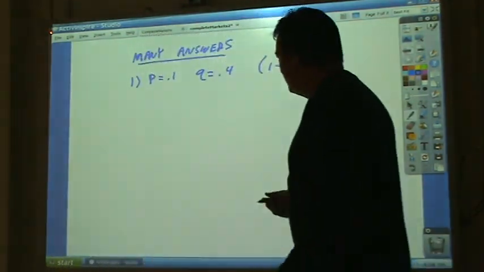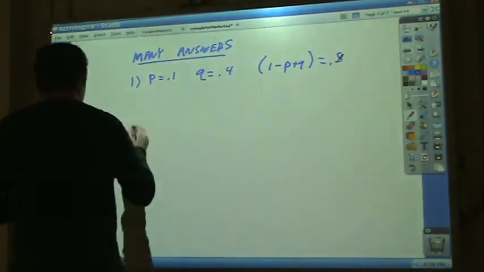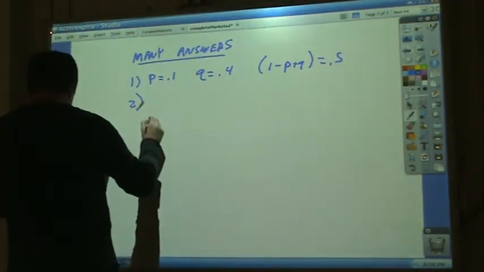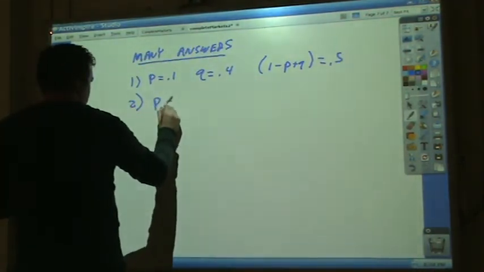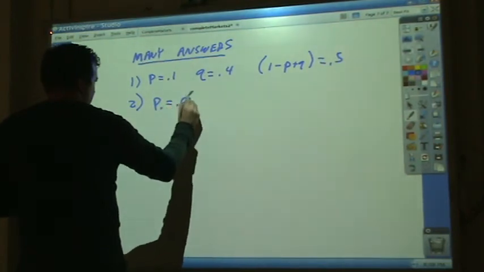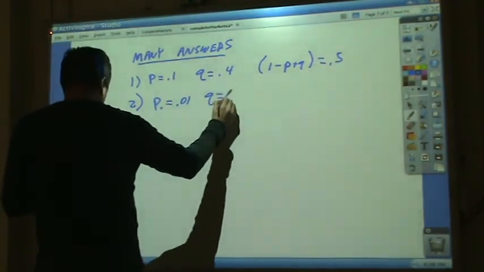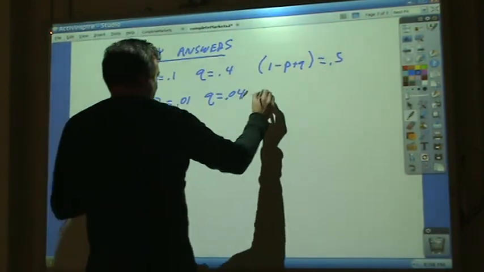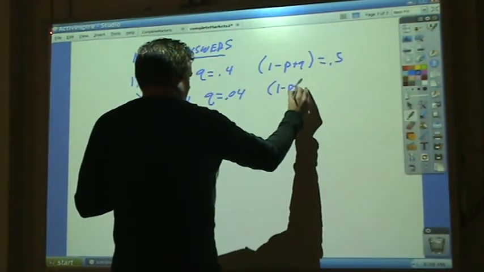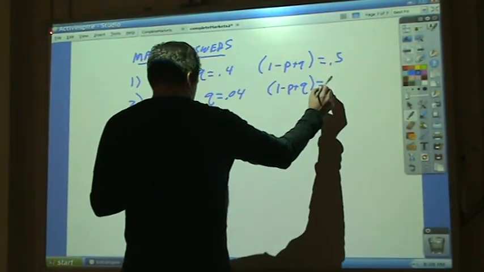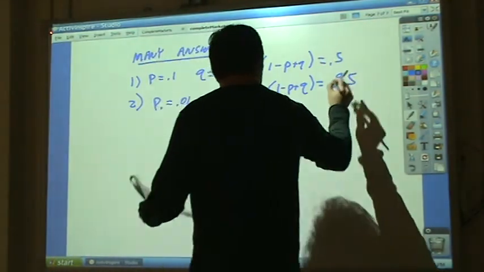That answer would make it a martingale. A second answer could be p equals 0.01, q equals 0.04, and 1 minus p plus q equals 0.95.